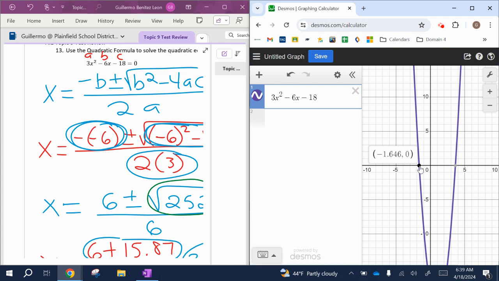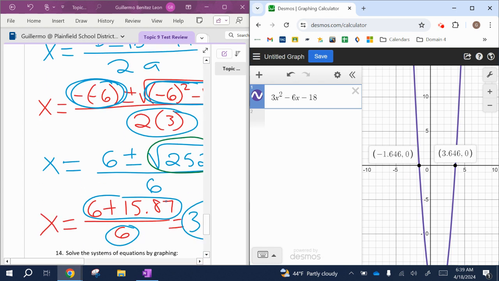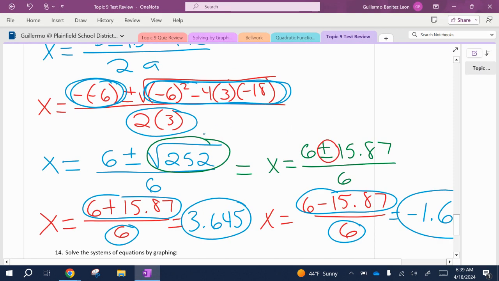Again, with the 0, without the 0, doesn't matter. Okay, you can't see my answers on the screen, but we did get 3.645, which is pretty close to this. Rounding doesn't matter. And negative 1.645. Again, rounding doesn't matter. So we got these answers. So I checked it, and I'm ready to go on to the next one.